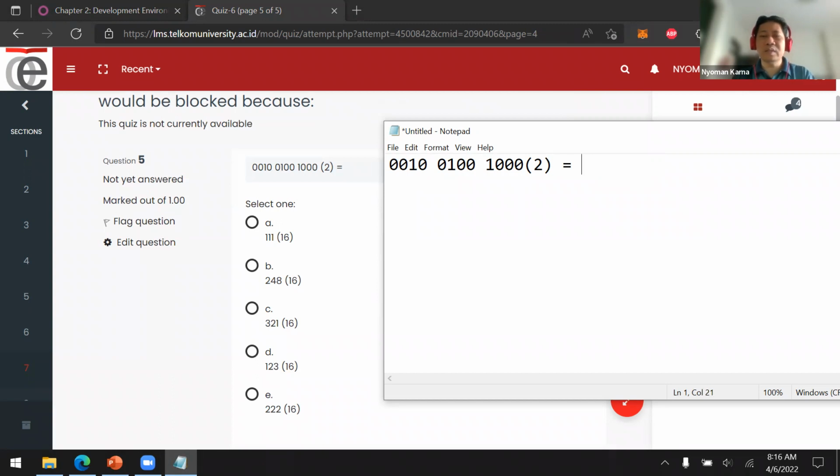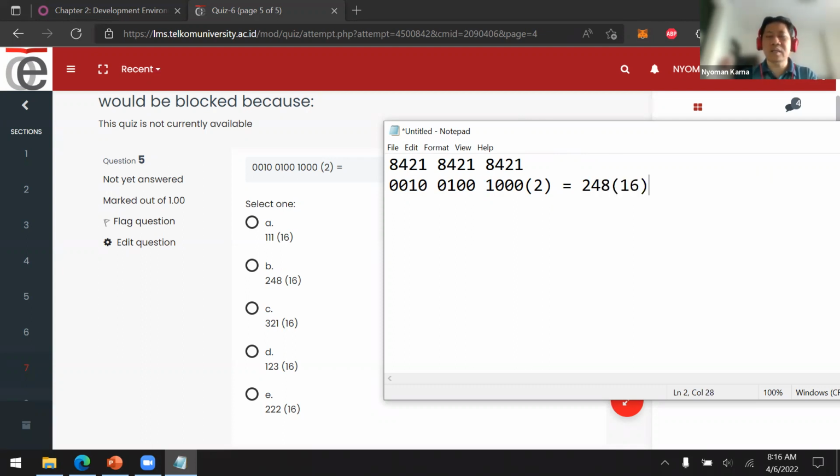So 0010 is 2, this one is 4, and this one is 8. So it's 248 in hexadecimal.